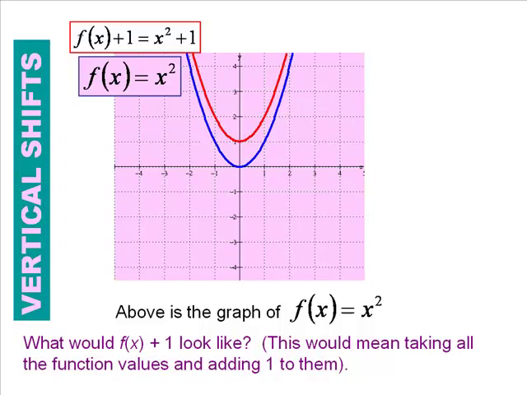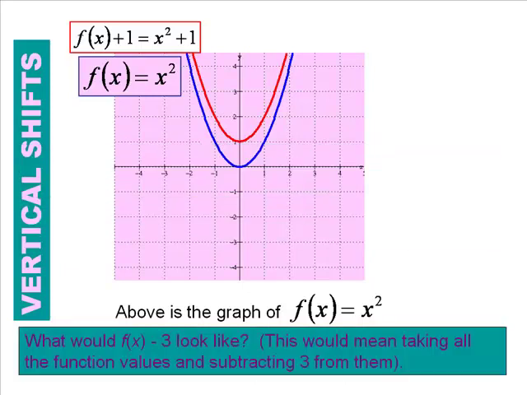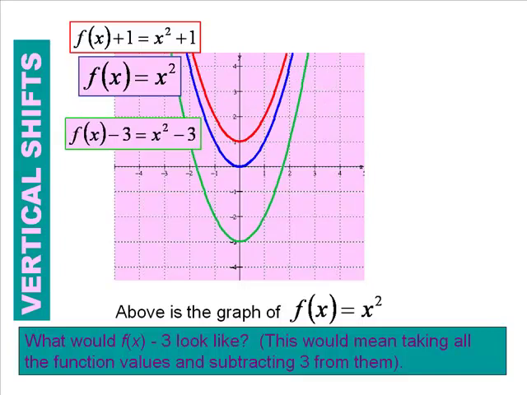The vertex point is moved up 1 unit, and all other points are moved up 1 unit accordingly. If we wanted to plot x squared minus 3, this would mean taking all the function values and subtracting 3 from them. In this case, the parabola is shifted down 3 units.